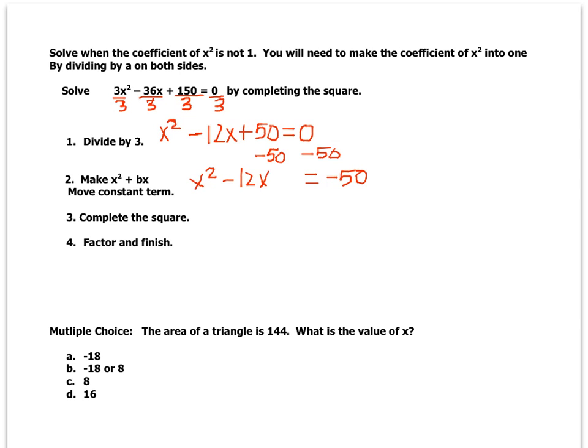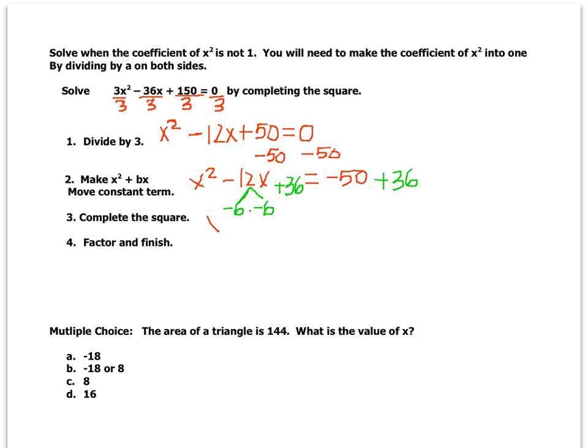Now we've got to find half of our b term. So if I split that in half, I'd have negative 6 times negative 6. Well, that's positive 36. So I'm going to add positive 36 to the left and positive 36 to the right. So I'm completing the square right there. Okay, and I found it by dividing my b term by 2 and then squaring that number.